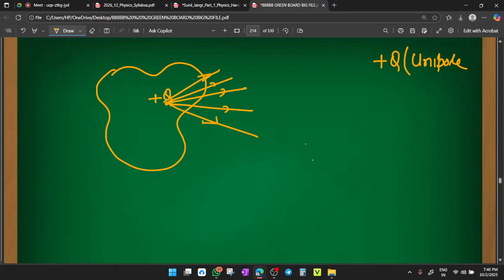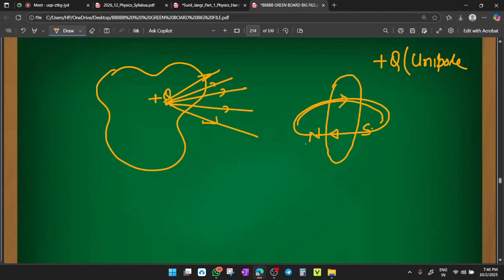But whenever there are magnetic lines of force, they emerge from north to south and come back from south to north. So they form a closed loop. From this loop, the lines of force go out of the loop and again enter the same loop.